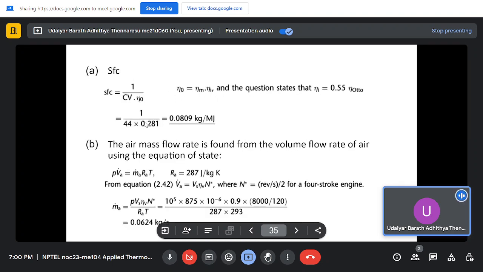So overall it will come out to be 0.281, so 28.1%. So overall efficiency, or brake thermal efficiency, is 28.1%. Substituting that, and we know the calorific value of the fuel, which is 44 megajoule per kg, we'll get specific fuel consumption as 0.0809 kg per megajoule. So this is the brake specific fuel consumption.